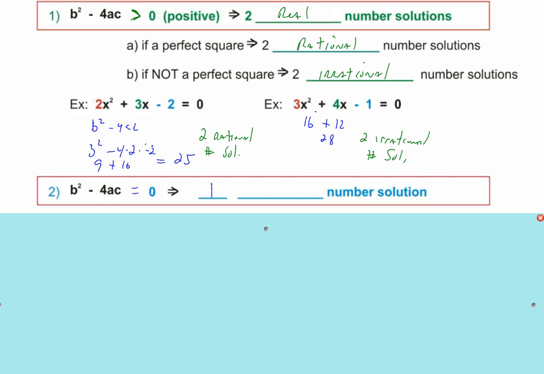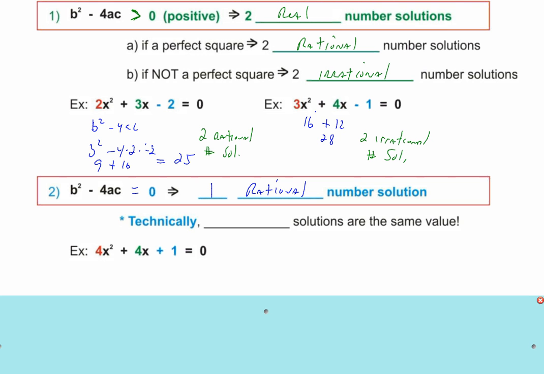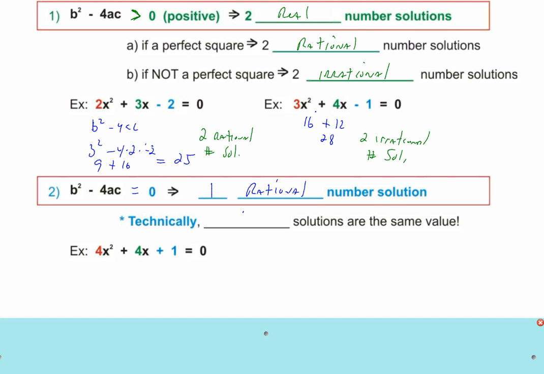So we say one rational number solution. So again, technically two solutions. I should say the two solutions are the same value. So that's why some say one. Because remember, every quadratic has two real and or imaginary number solutions.